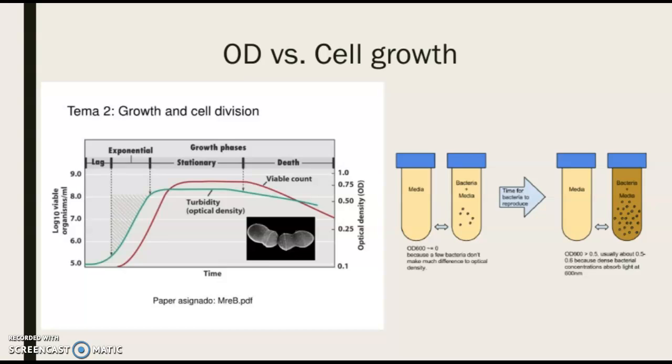And this will allow a bigger yield of our desired protein. The diagram on the right just shows the turbidity at an OD of 0 and an OD around 0.5. And as you can see, you can kind of eyeball it when it's in the shaker that your cells are ready to be inoculated with IPTG.